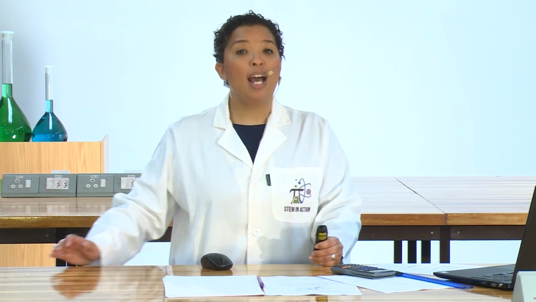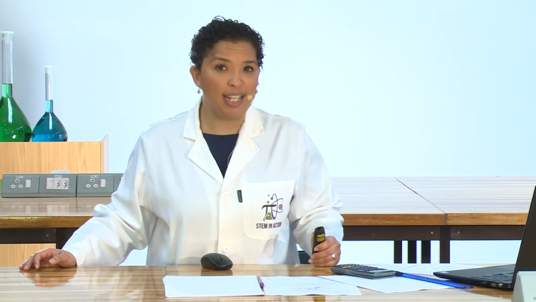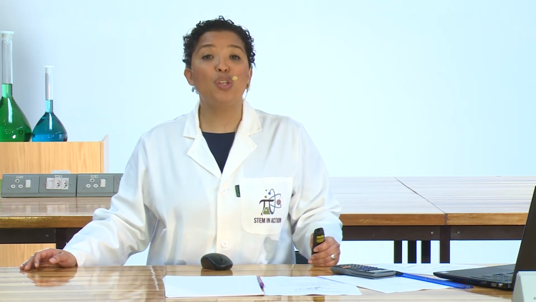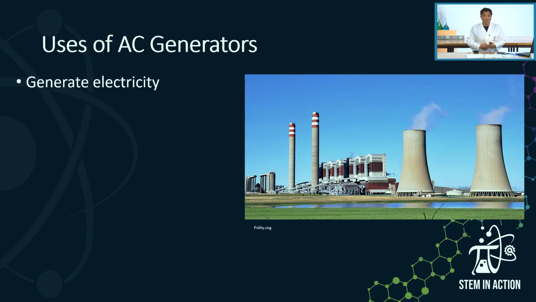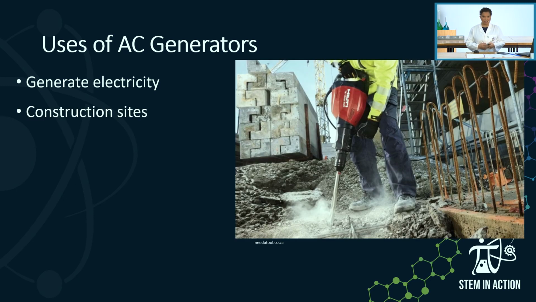So let's consider how generators are used in daily life or in industry. Let's consider the uses of AC generators. Of course, AC generators are used to generate electricity. So there's our power station, and that's our site of generating large amounts of electricity.